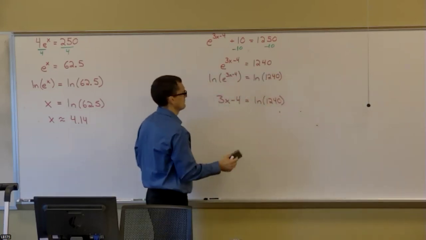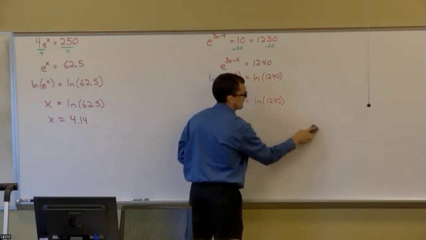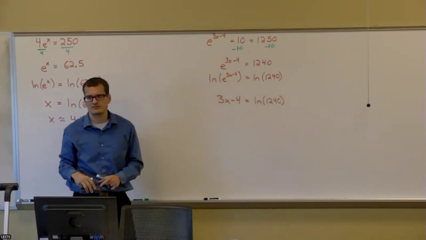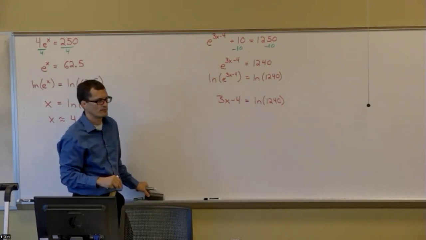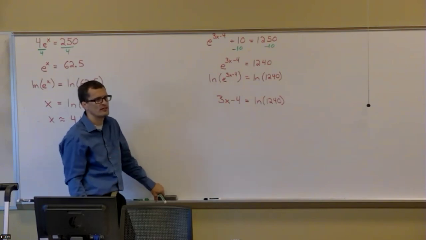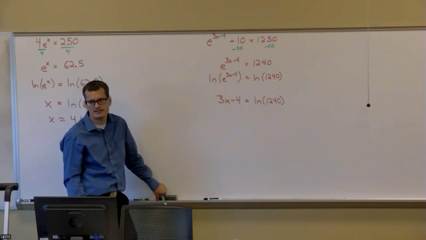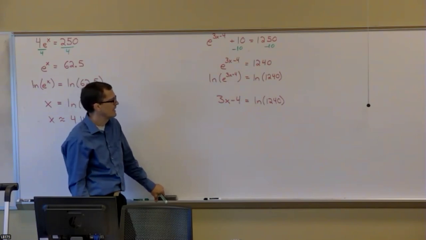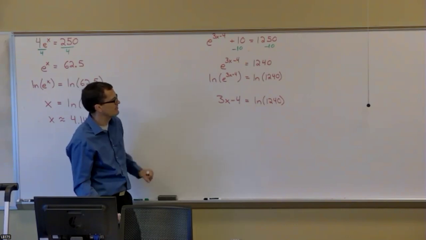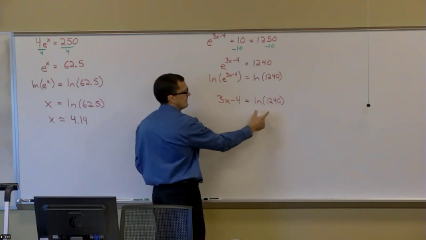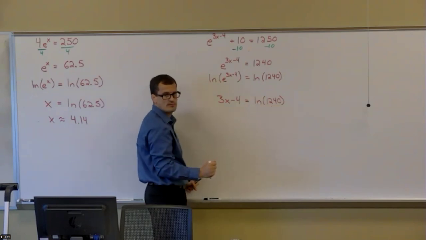So regardless of what the power is, the natural log and the e essentially cancel each other out. They're inverse functions of each other on the appropriate domains. And that's what we end up with. And so this I can solve for x. Remember, this thing is just a real number. This is just some irrational number.